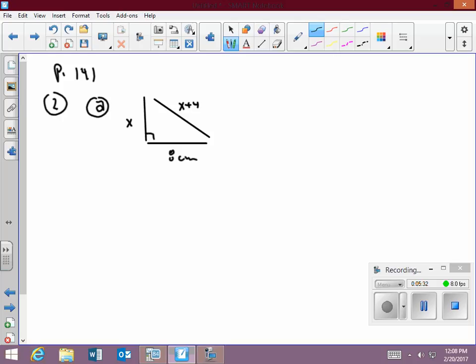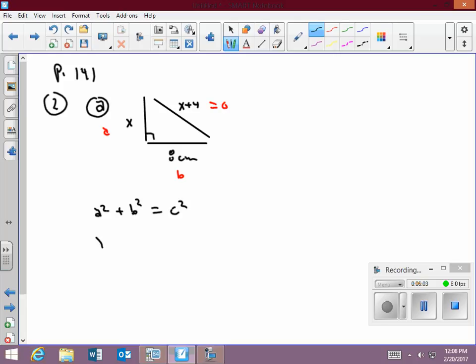So with the information we have, what will we do? You set up a quadratic and solve for x. If we think of this as A, B, and C, then we could say A squared plus B squared equals C squared.